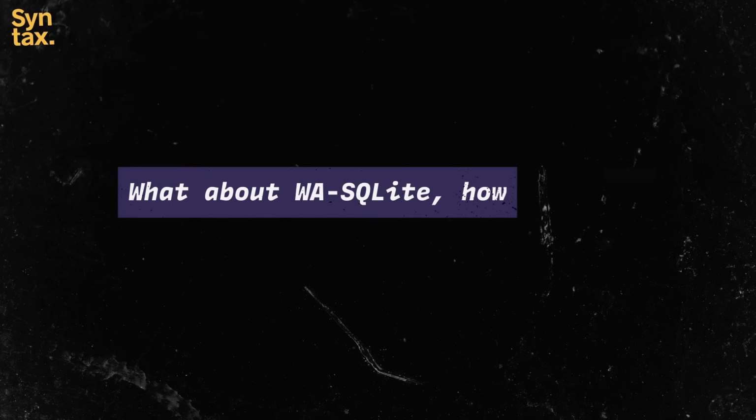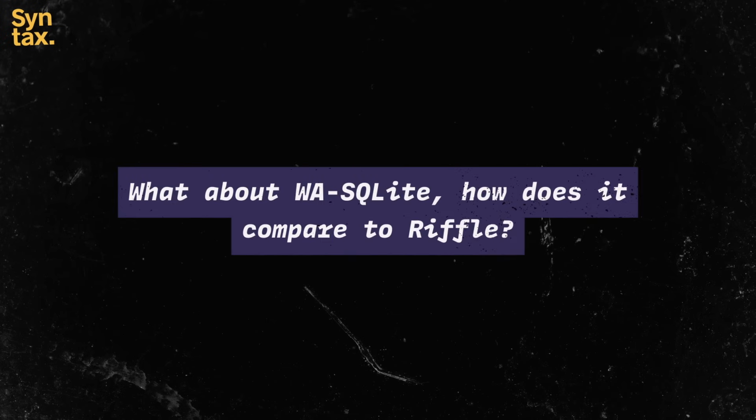One thing I had seen before was WA-SQLite. Is that in any sort of relation? Is it less featureful than what Riffle is trying to accomplish? So Riffle currently uses a SQLite WASM build by the official SQLite team. There are a couple of other projects that experiment with different trade-offs and optimizations to bring SQLite into the browser.